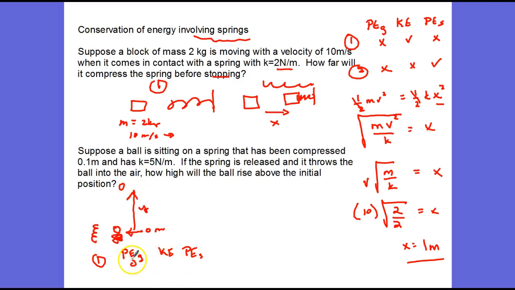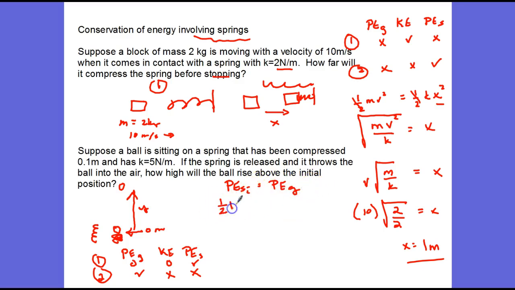So that's going to be our y. So there's no gravitational potential energy, there's no kinetic energy, there is spring energy in that compressed spring. And then at the end, when the ball is way up here, it has stopped, so there won't be any kinetic energy. It's not on the spring anymore, there'll be potential energy. So our equation is going to be that initial spring energy is going to equal the final gravitational potential energy.